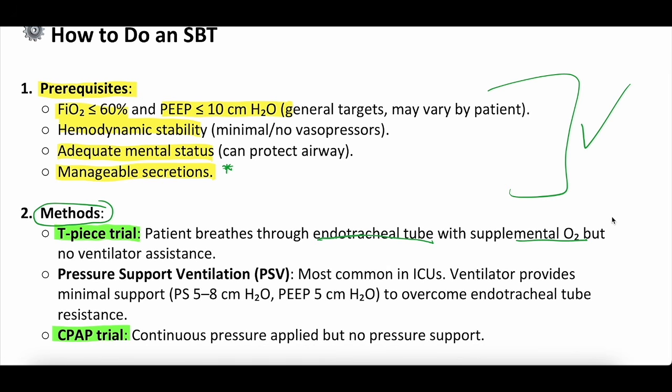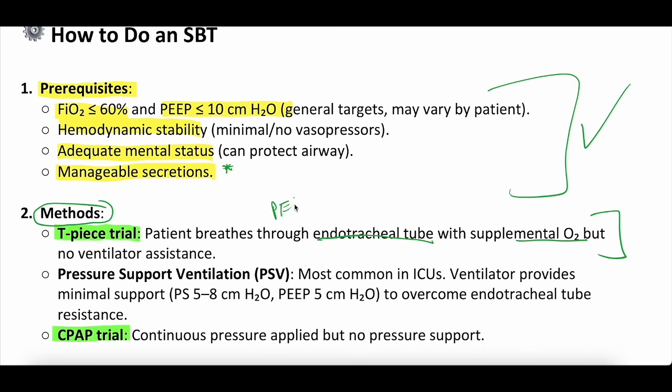And there's some trial data to suggest that this isn't necessarily the best modality to use for a spontaneous breathing trial. In fact, outcomes were worse. And again, we'll talk about that trial in a second. But it makes sense that outcomes might be worse, right? Because you essentially have a straw, aka the endotracheal tube, going into someone's airway, and you're taking away all support and just having that patient try to breathe through that straw.